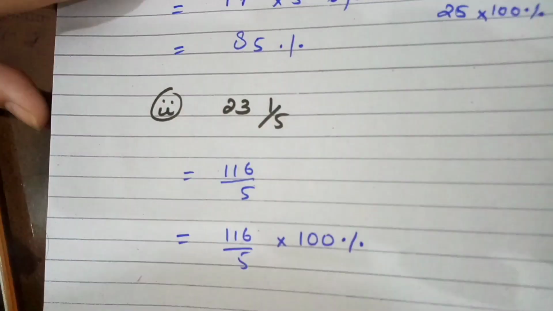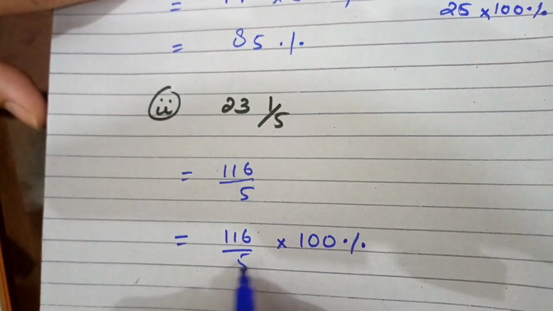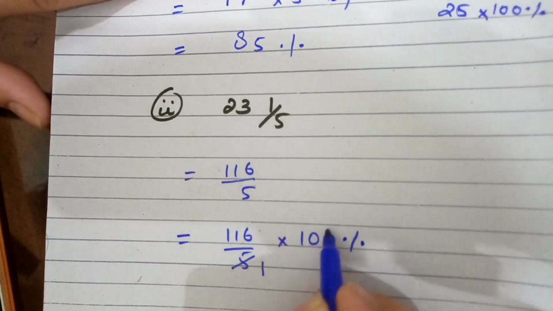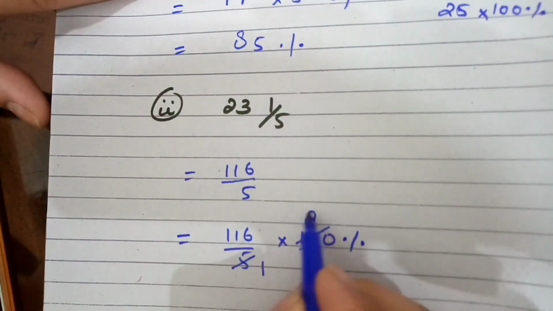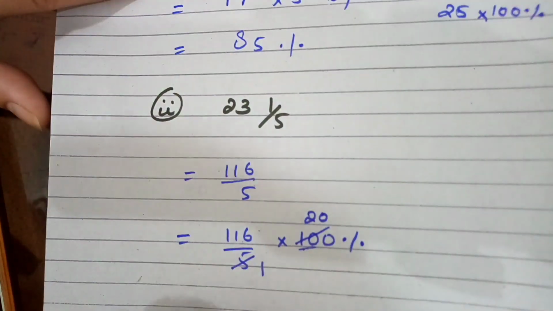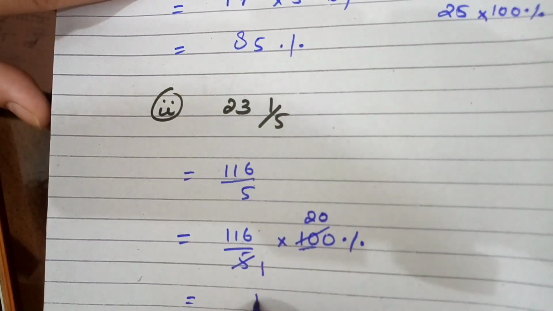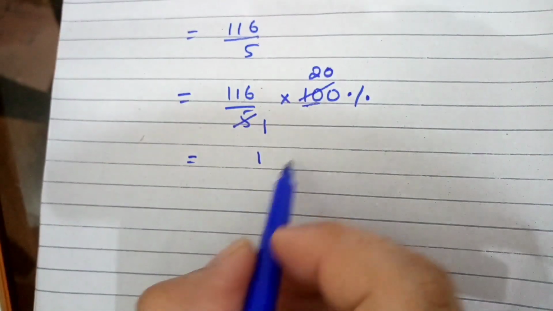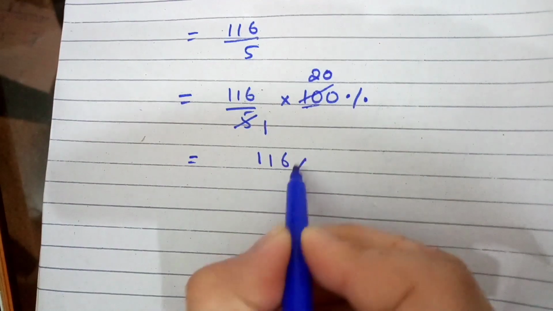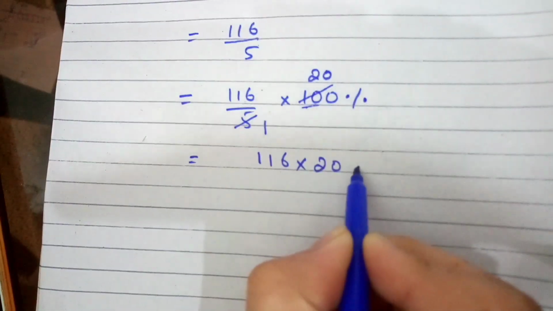Now simplify it. Cross cancelling is possible, so we solve it. 5 ones are 5, 5 twos are 10. This is divided, and what is left here? 0. So we write 0 in the term. The next new term is 116 multiplied by 20 percent.